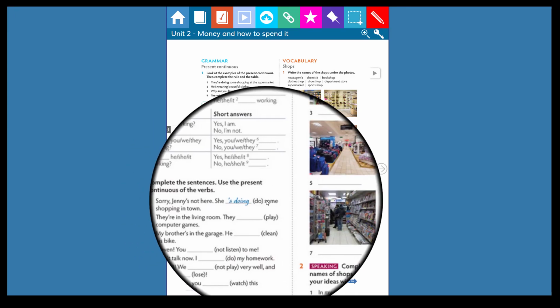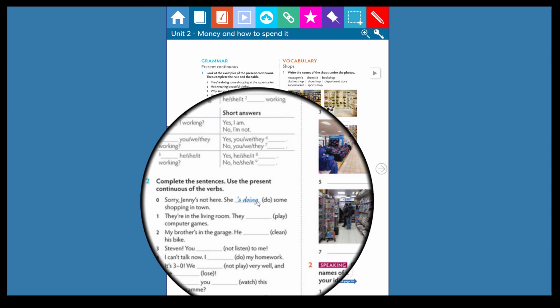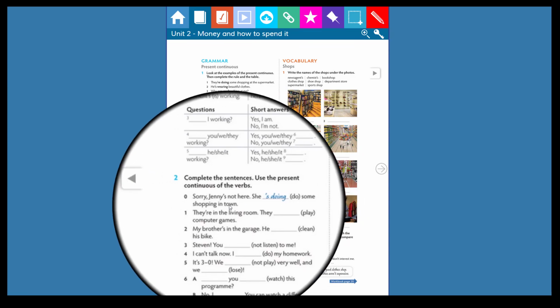She, and you have to use do this time, she is doing. Why? Because remember that you have to use the verb to be first and then the verb, the main action, with the ing form. Okay, so she is or she's doing some shopping in town.